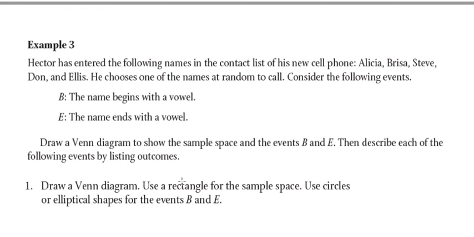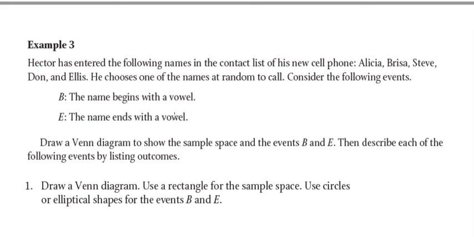In example 3, we are going to be creating a Venn diagram. So it says Hector's entered the following names in the contact list of his cell phone: Alicia, Brisa, Steve, Don, and Ellis. And he chooses one of the names at random to call, and we're supposed to consider the events. B, the name begins with a vowel.